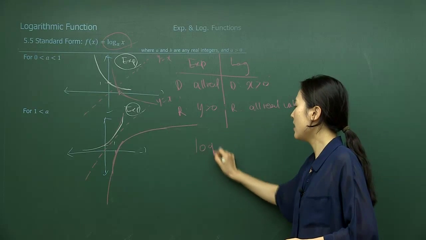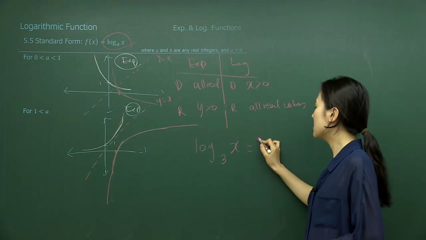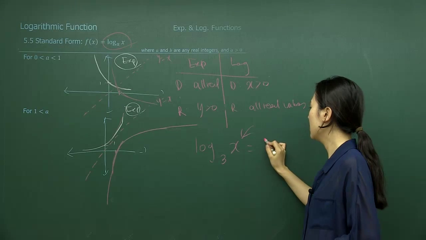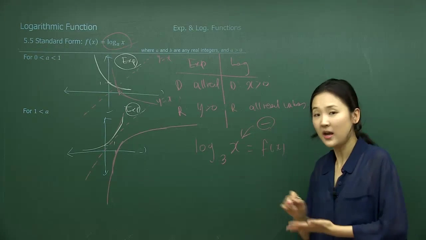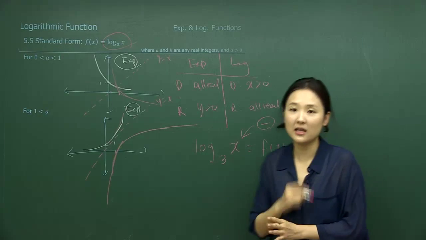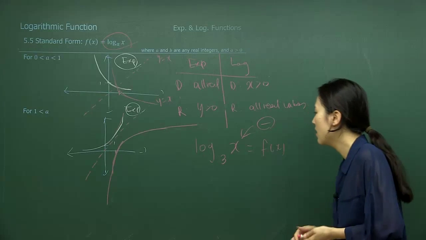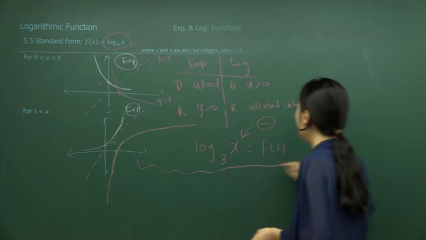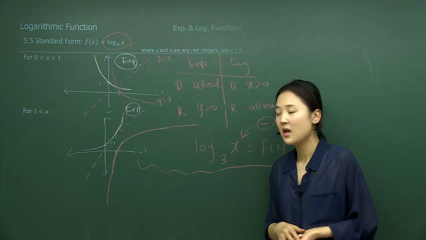Basically, when you have log with base 3 and x, it is not okay to plug in anything negative as x. All right? Your x cannot be negative. Remember that.